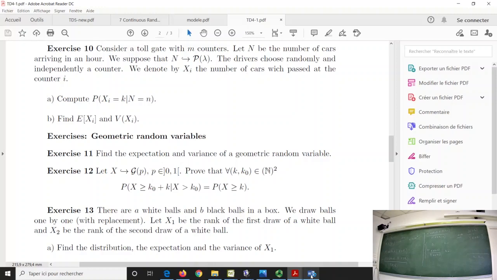I want to simplify this intersection, but I just have to be careful because in my statement here, I have the case K equals 0 that I have to take into account, so that's why I have to distinguish between these two cases.